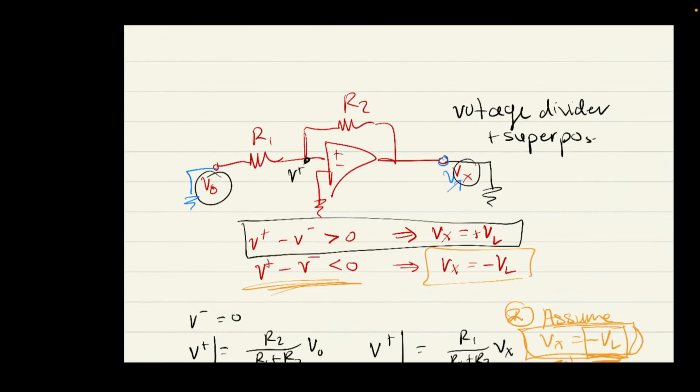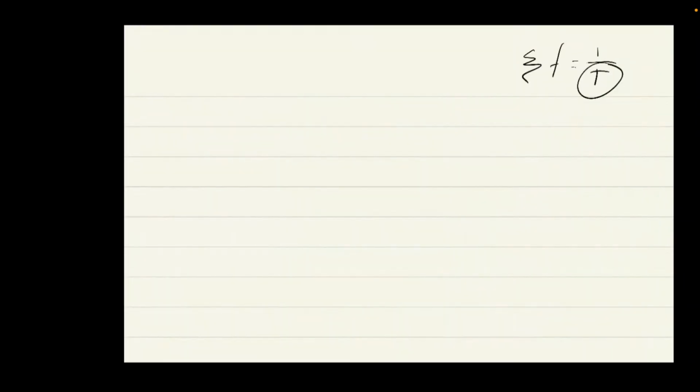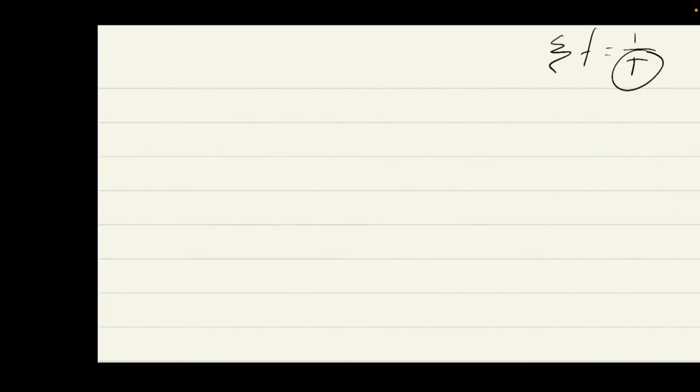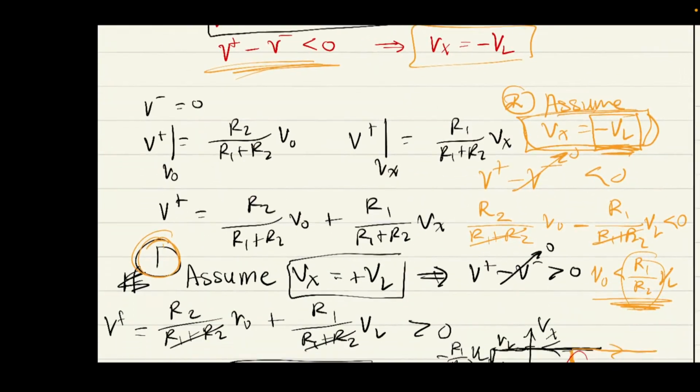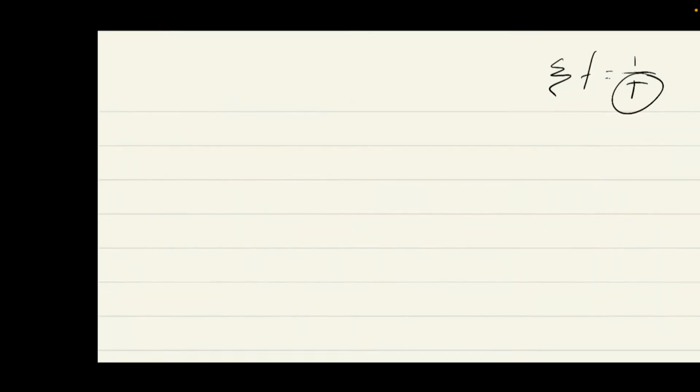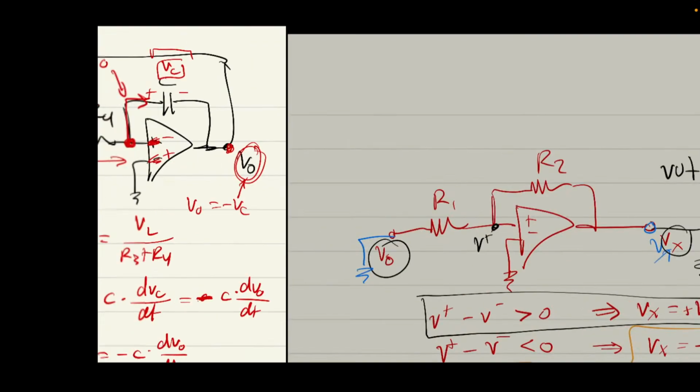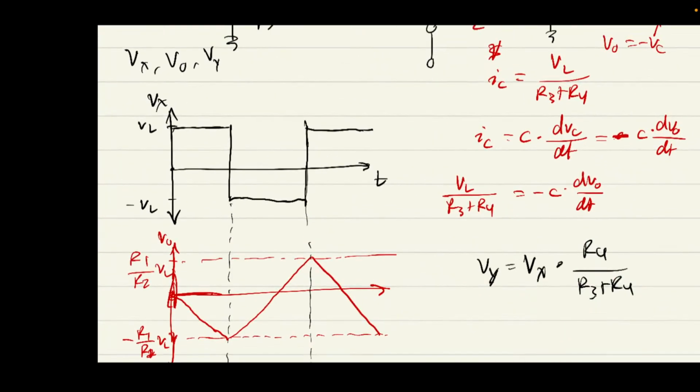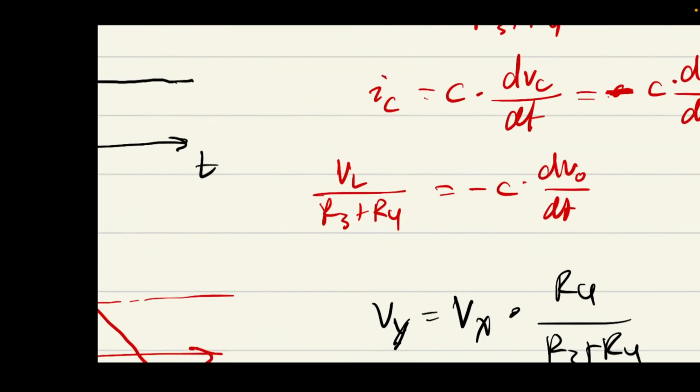But the thing I want you to keep in mind is that the frequency is 1 on T. So we can just find the period and then take the reciprocal, and we've answered the question. Let's go back to that expression that we derived before, which was VL on R3 plus R4 equals negative C dVO dt.